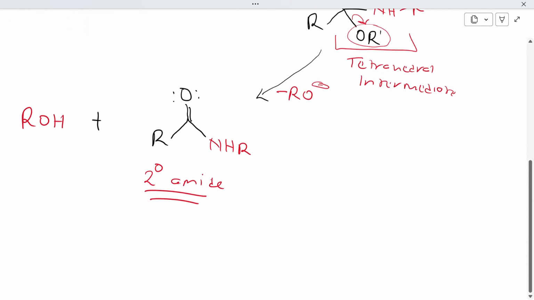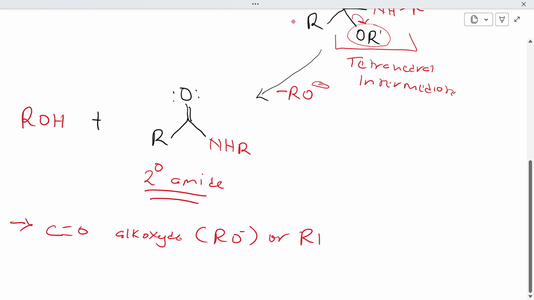And there are key things we need to know. The first thing, during this reaction, in order to restore the C double bond O in the carbonyl, our alkoxide, which was RO minus, or our R NH minus, must be expelled.